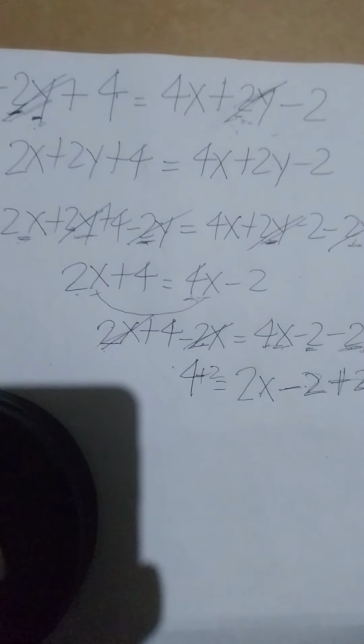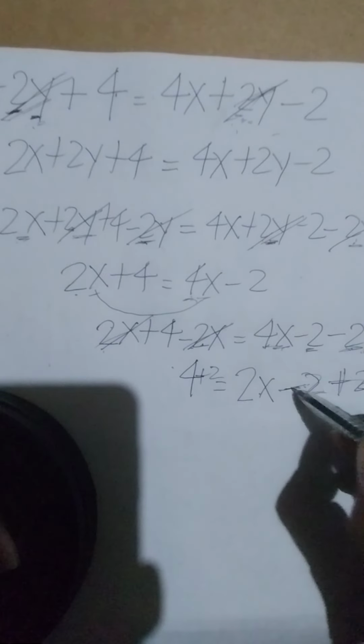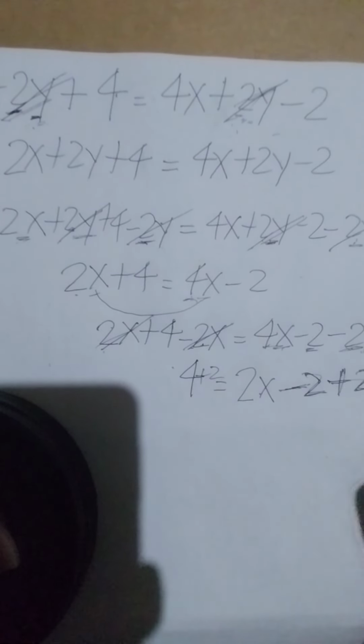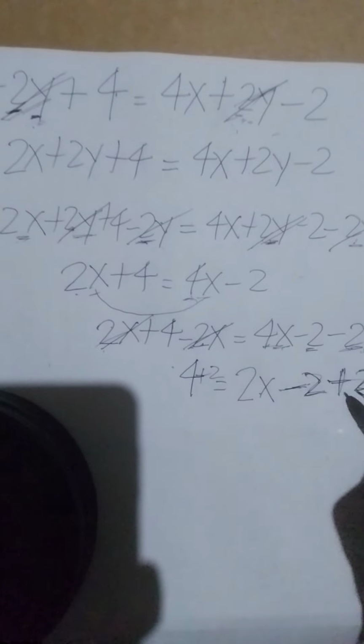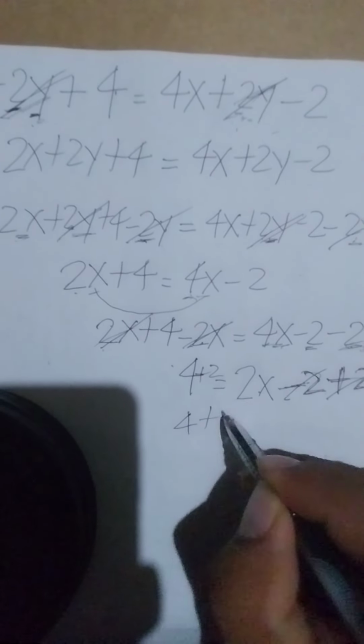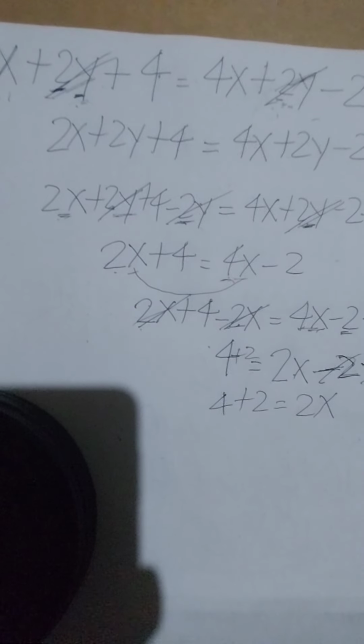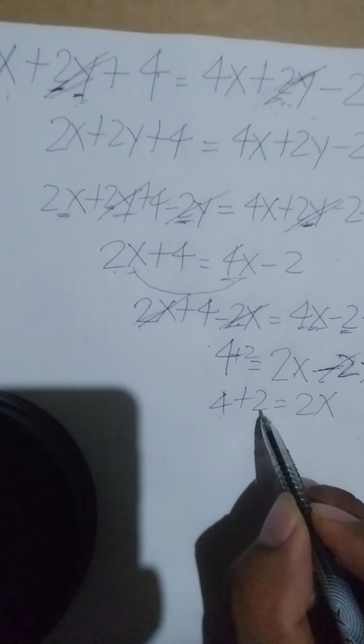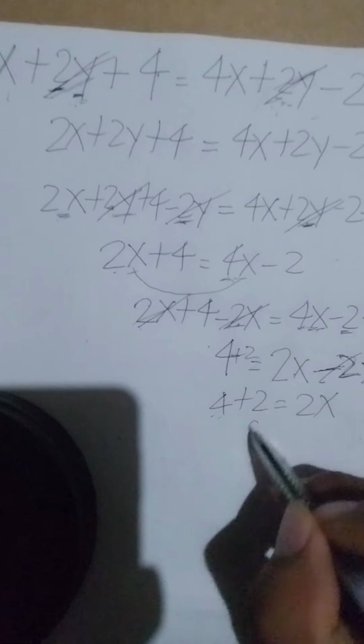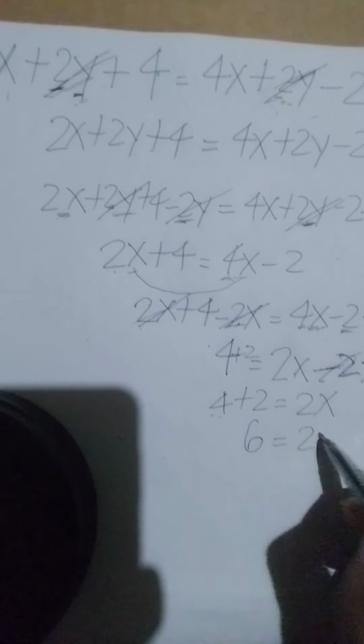So, negative 2 plus 2, that is equivalent to 0. Okay? 0 yan siya. So, ito, 4 plus 2 equals to 2x. Okay? So, 4 plus 2, i-simplify natin to. So, magiging 6 to siya and 2x.